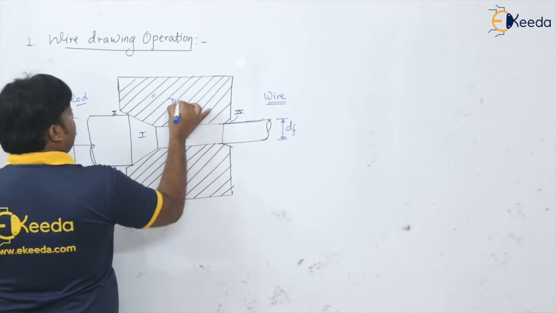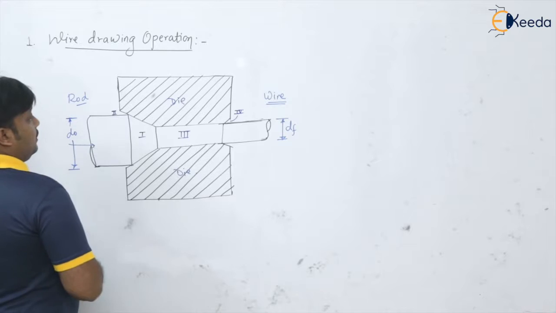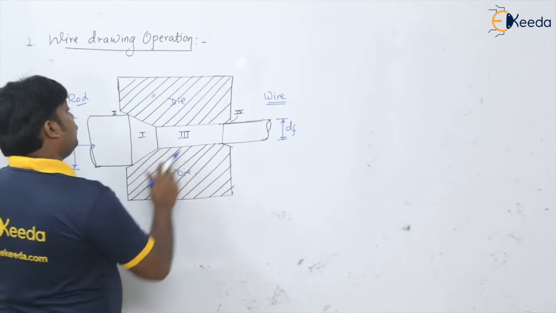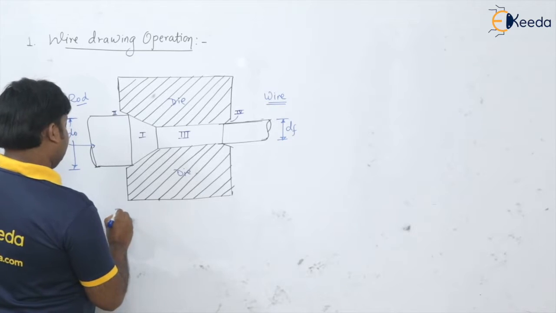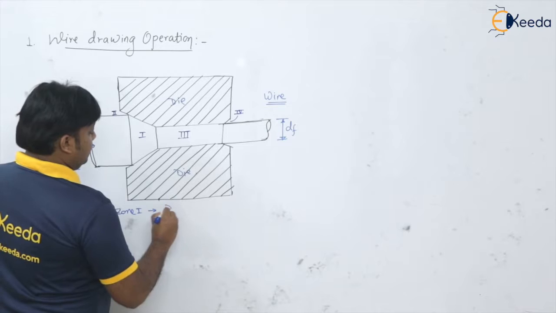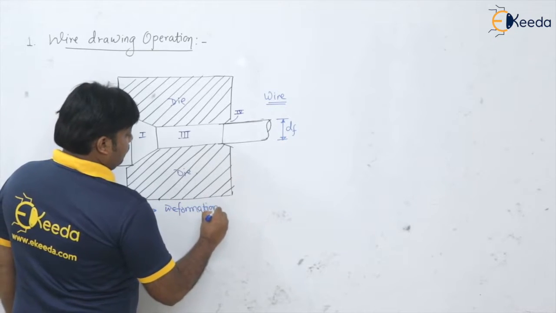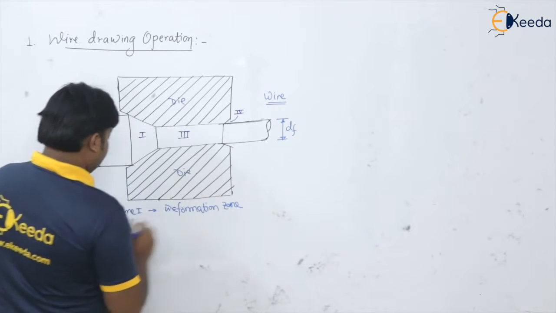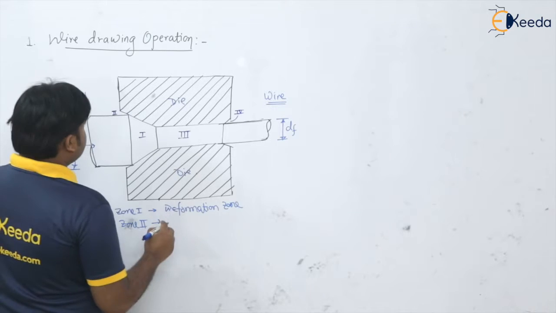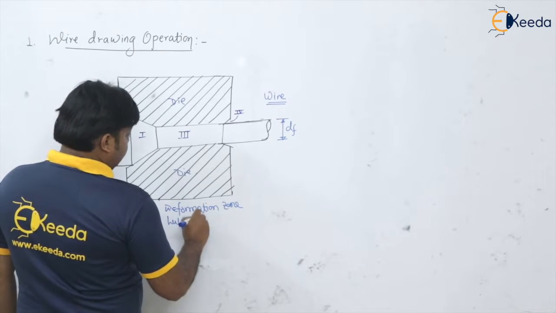So this is the die. How many zones are here? In the wire drawing die we have four zones. Zone number 1 is the deformation zone. Zone 2 is the lubricating zone.